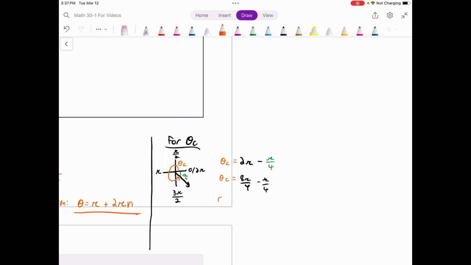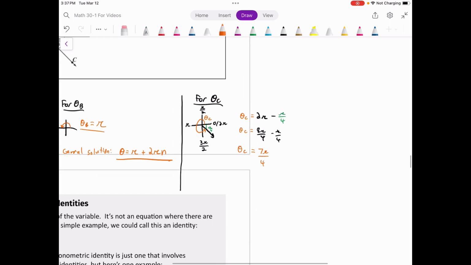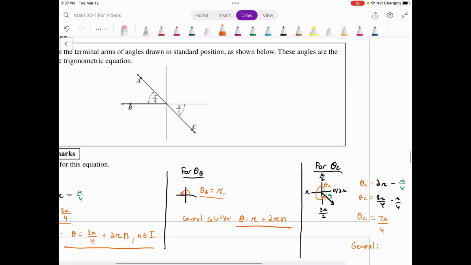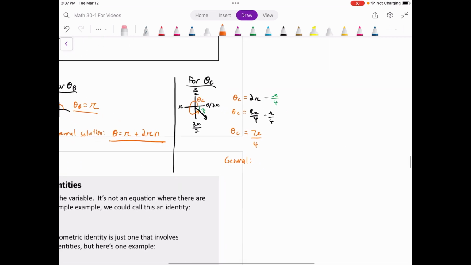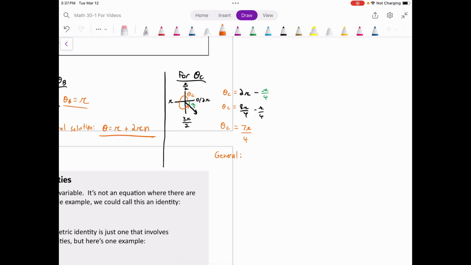So our angle C must be 7 pi over 4. And that is one solution to the equation. They told us that. Whatever this angle is, it's a solution to whatever the equation is, right? But that means that any angle that is coterminal to 7 pi over 4 is also a solution. So multiples of 2 pi, that gives us coterminal angles.